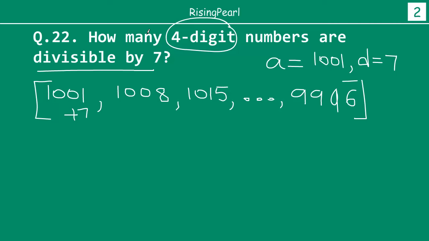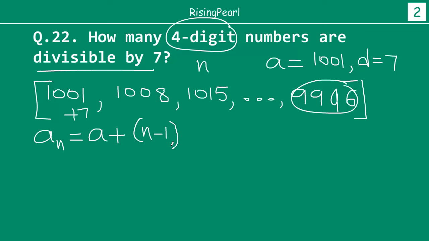So how many? If we assume there are n terms in this series, then the nth term or the last term, we can write that as a_n equals a plus n minus 1 times d, or a will be 1001 plus n minus 1 times 7, which will be equal to 9996.